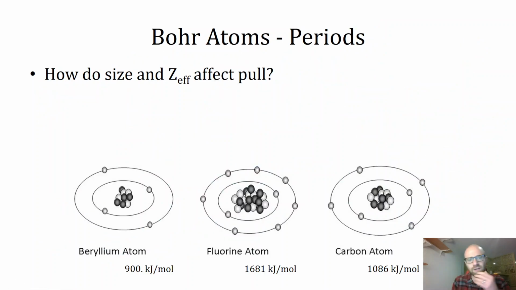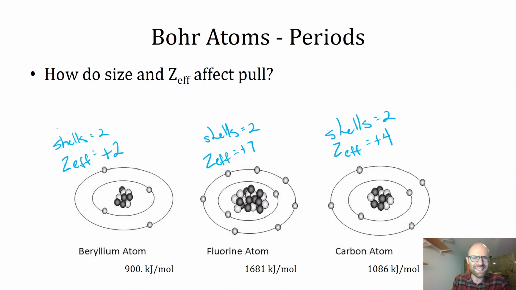As we go across a period, let's just remind ourselves from the numbers before. We've got +2, +7, and +4 as our effective nuclear charges. In this case, we've got two things to consider. We can say the number of shells, and we can say the size. Beryllium is relatively, we're just going to label them relatively, large.